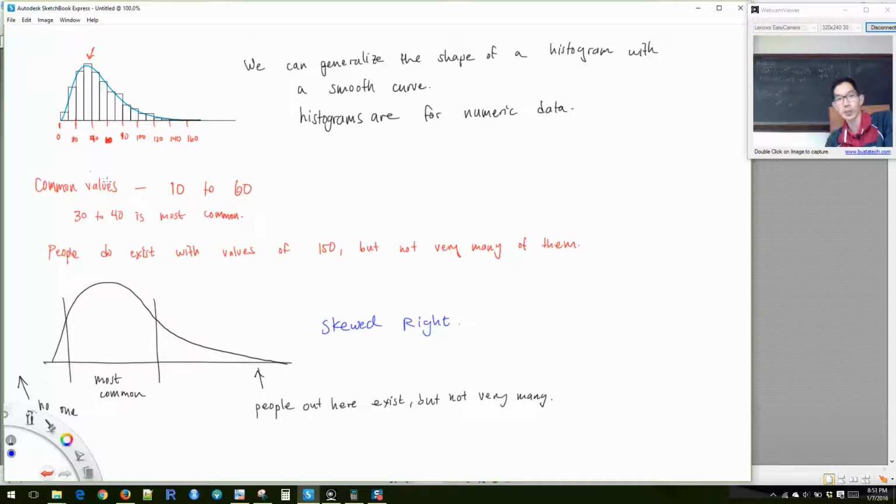Whatever typical is, in our case 10 to 60 or 30 to 40, you can have people 100 points higher than typical, but no one 100 points lower than typical. So most are typical, and the skewed right part is that values exist much higher than typical.